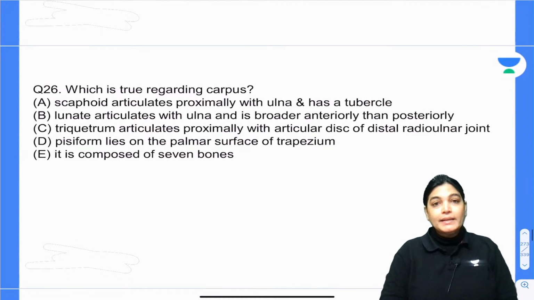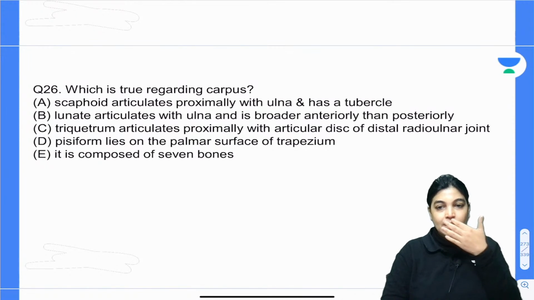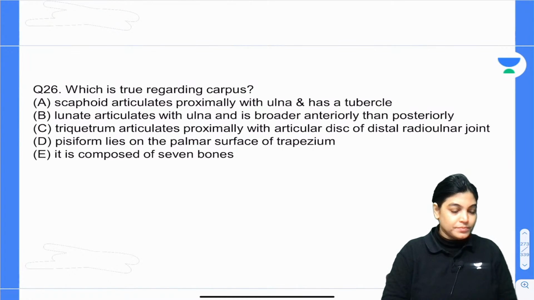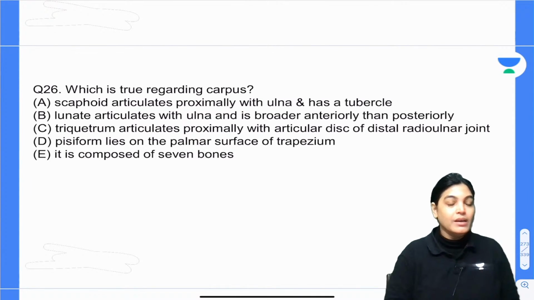Which is true regarding the carpus bone? Which of the following is the true statement about carpus bone? A. Scaphoid articulates proximally with ulna and has got a tubercle. B. Lunate articulates with ulna and is broader anteriorly than posteriorly. C. Triquetrum articulates proximally with articular disc of distal radioulnar joint. D. Pisiform lies on the palmar surface of trapezium and it is composed of 7 carpal bones.